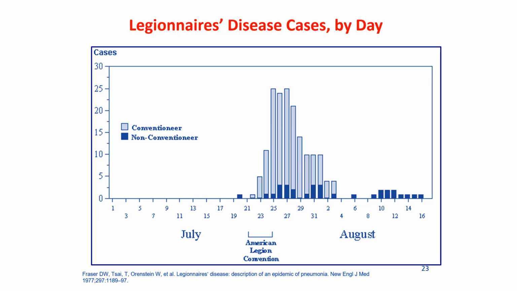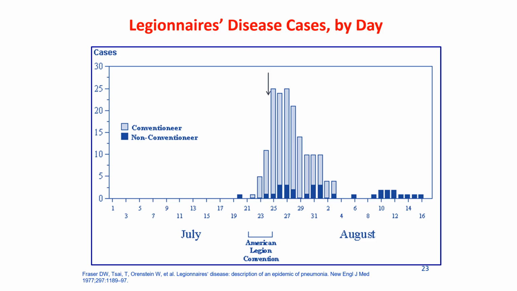Now we can see the epidemic curve for the Legionnaire's disease epidemic. This is the number of cases by day of occurrence or reporting during July and August in 1976. We can see the peak of cases between the 25th and 27th, just after the convention ended.